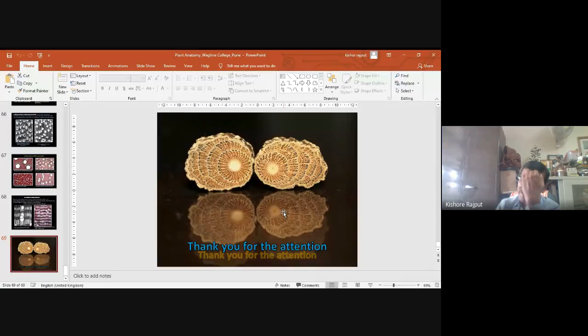What do you think? Is it a dicot or gymnosperm? Vessels are there. So will it go to dicot or gymnosperm? Anybody?